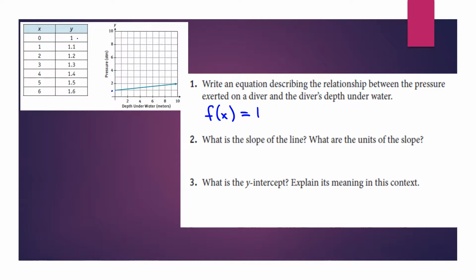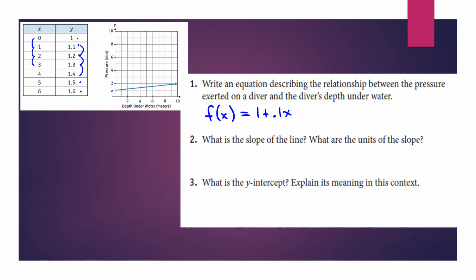So it starts at 1 plus every time it goes up by 0.1 atmospheres of pressure. So plus 0.1 per depth. So every time that we get 1 meter deeper, it goes up 0.1 atmosphere. So there's a function for it.